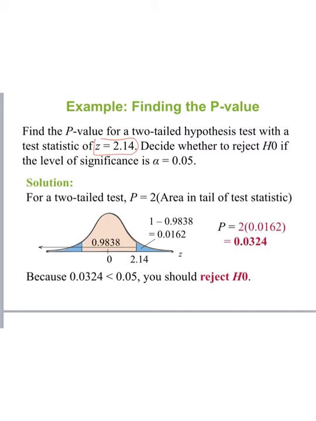If your test statistic here is 2.14, find the area to the right, or negative 2.14, because we know symmetry, or you could have found the area here. It doesn't really matter. But then make sure you double that area, and that's your p-value. And then you are just comparing the p-value to the alpha that was given, and here p is lower, so reject null.